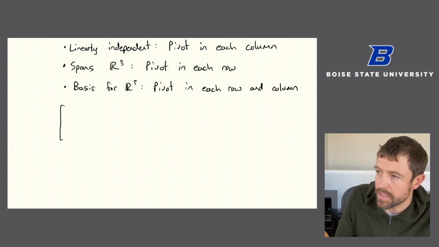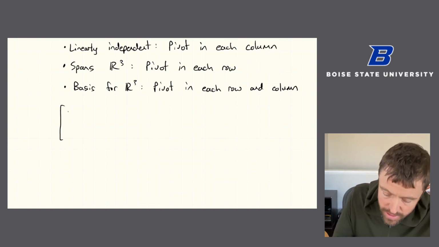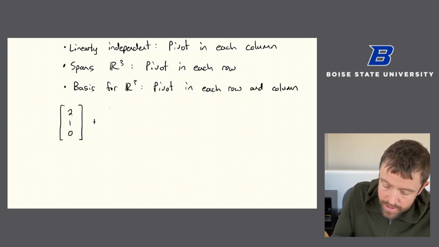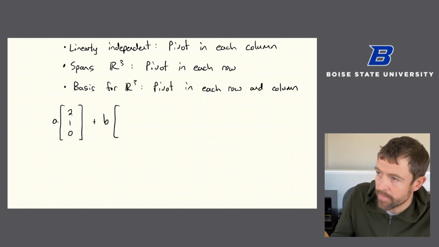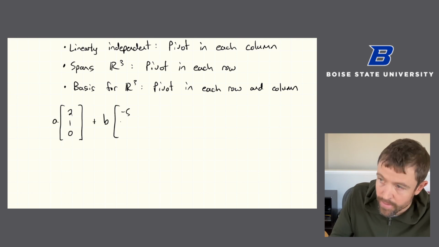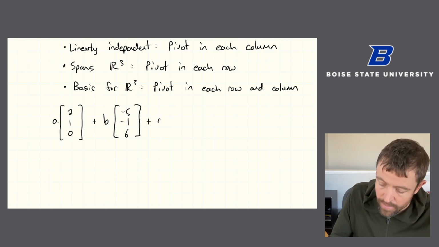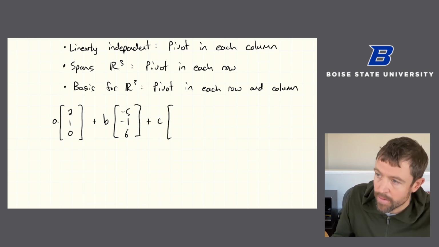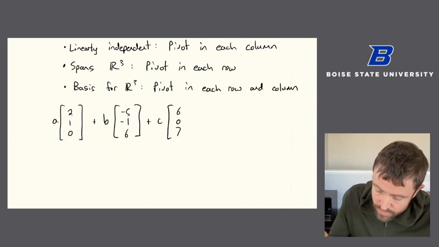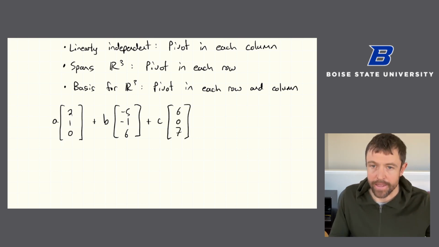If we didn't have this system, I guess is what I'm saying, we would set up this equation and we would say, look, what I want to be able to do is add together multiples of these vectors and get anything.